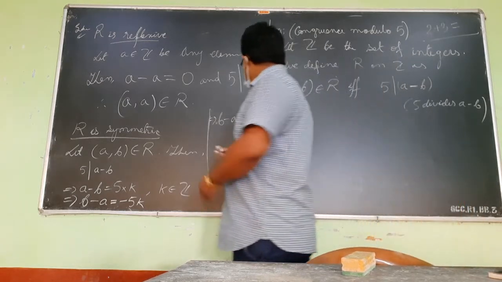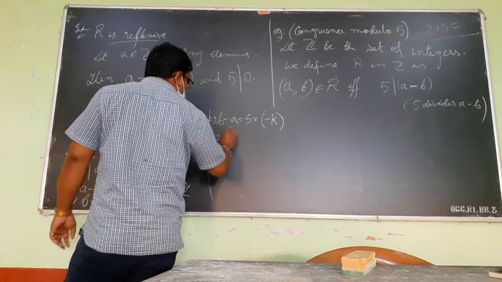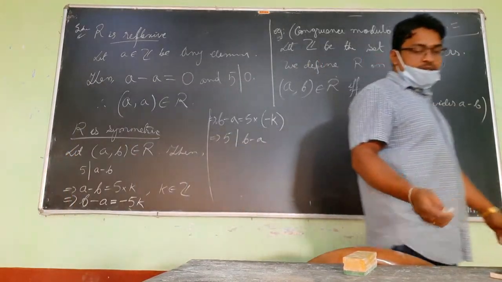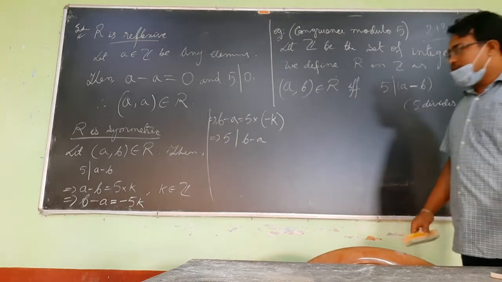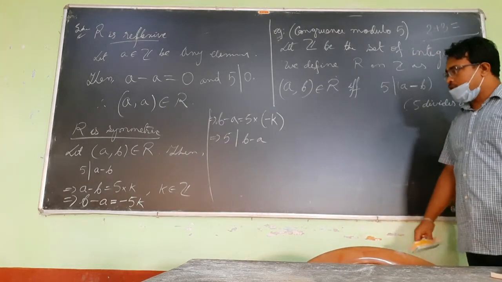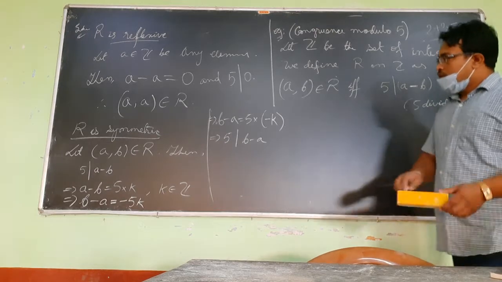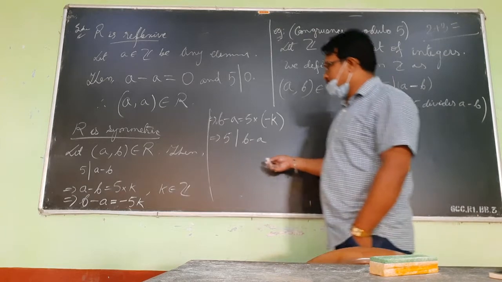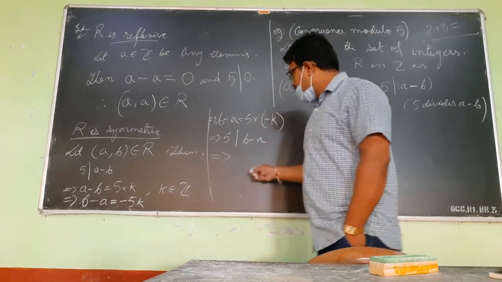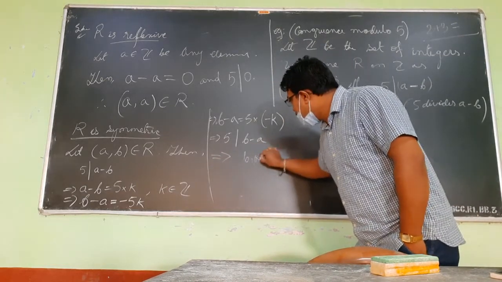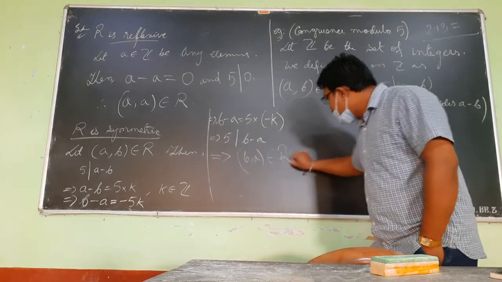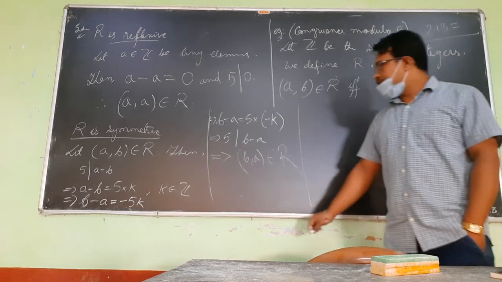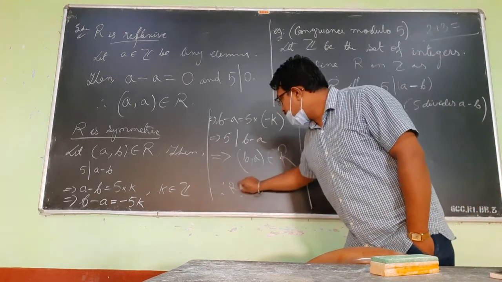This means that 5 divides B minus A. These are actually properties of divisibility, which are also there in this paper, and we will do that. So as per the definition, (B, A) belongs to this relation R. Therefore R is symmetric.